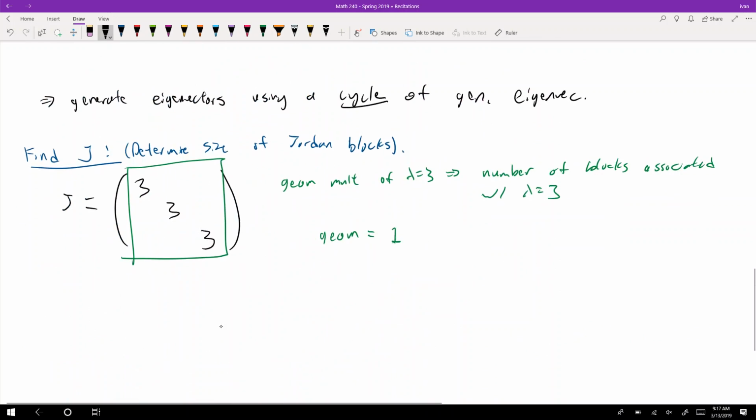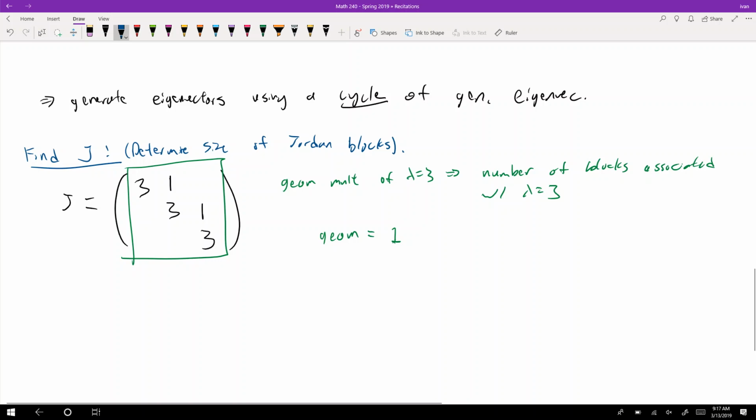So now we put that 1 in, and that 1 in there. That's going to be our Jordan matrix, and that's the J in the middle of SJS inverse. Any questions on finding J? It's like D, it's not the worst.